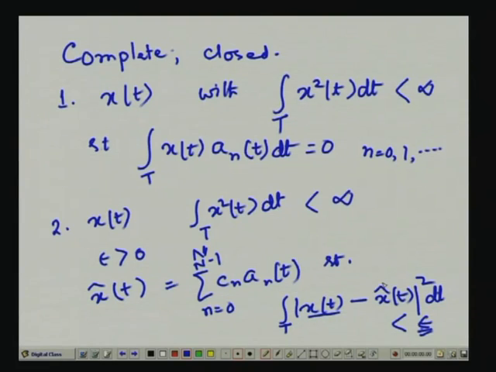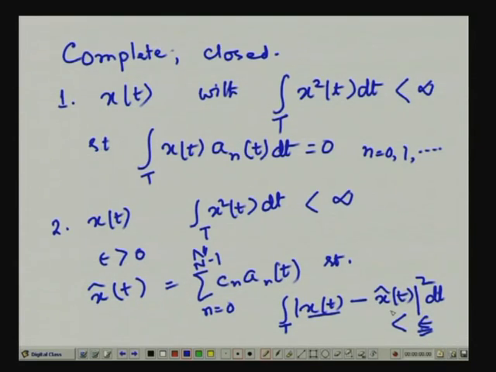And if x(t) is of finite energy, that is integral of x squared(t) dt over capital T is less than infinity, then we can say that there must be a finite N, the number of terms, for which the error of the reconstructed signal, this integral of (x(t) minus x hat(t)) squared dt, which is nothing but the energy of the error signal, or the error that is introduced because of this truncation, must be limited.